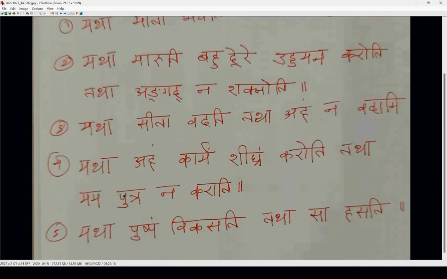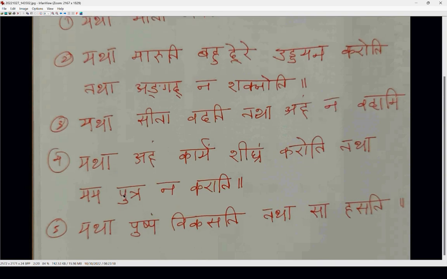यथा सीता वदति तथा अहं न वदामि. यथा अहं कार्यं शीघ्रं करोमि तथा मम पुत्रः न करोति. यथा पुष्पं विकसति तथा सा असति.